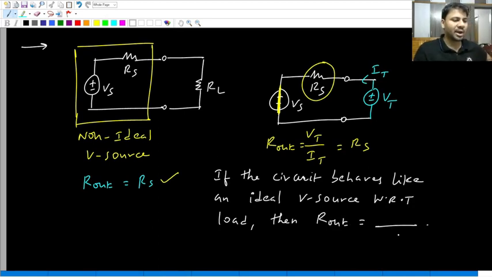Please fill up this blank. If any circuit behaves like an ideal voltage source with respect to the load, what is the output resistance value? Please type in the chat box.